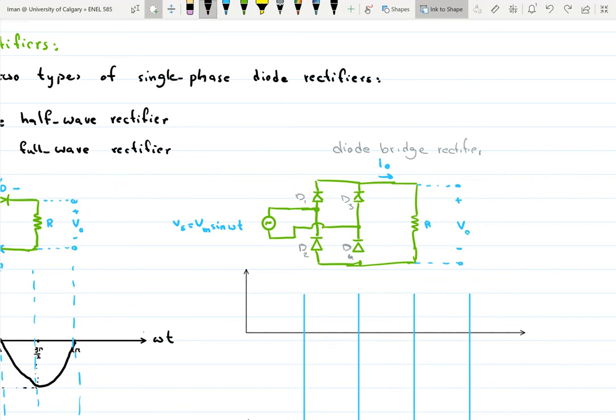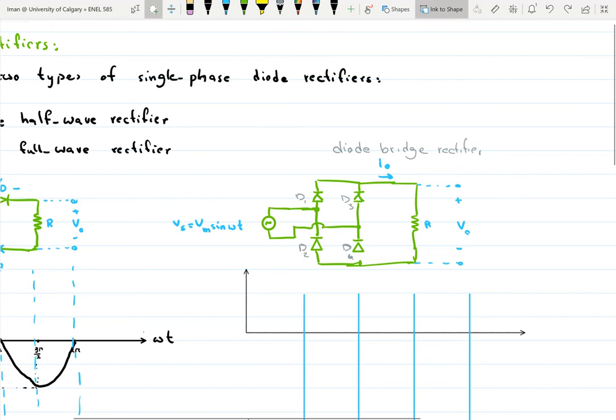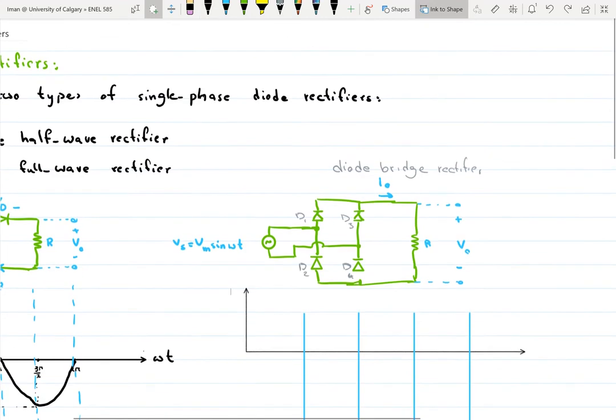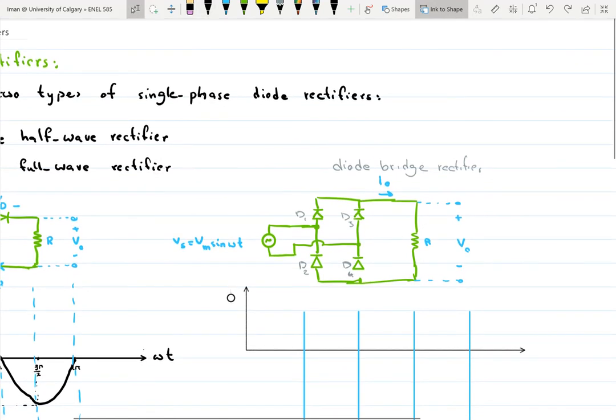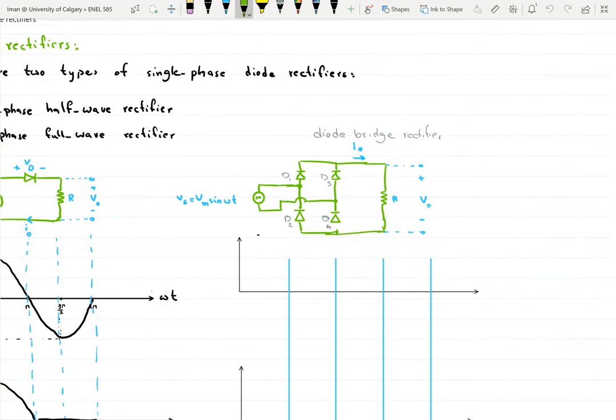I'm going to try to restart this because this doesn't seem to be working well. Okay, so I restarted OneNote, so hopefully it will work well from now.